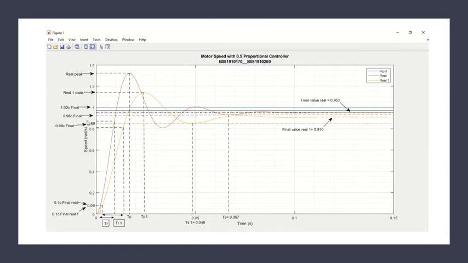Second, I would like to find 0.98 times the final value real, so I got 0.93, which is my straight line with dash line.